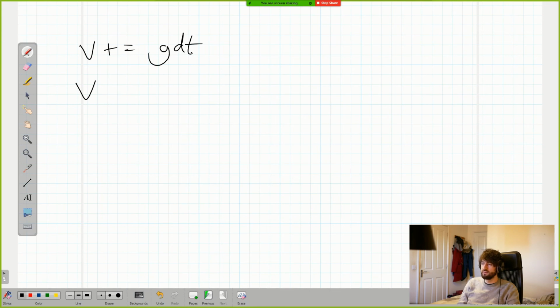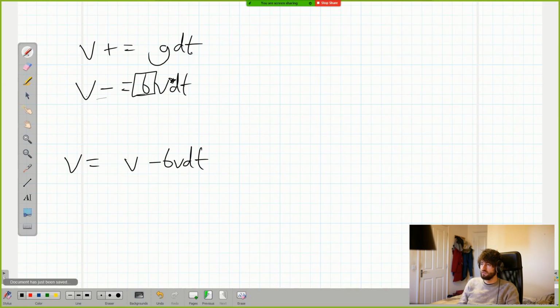Then v minus equals bv dt, where b is your drag constant. This has the form v equals v minus bv dt, so v equals v times (1 minus b dt).